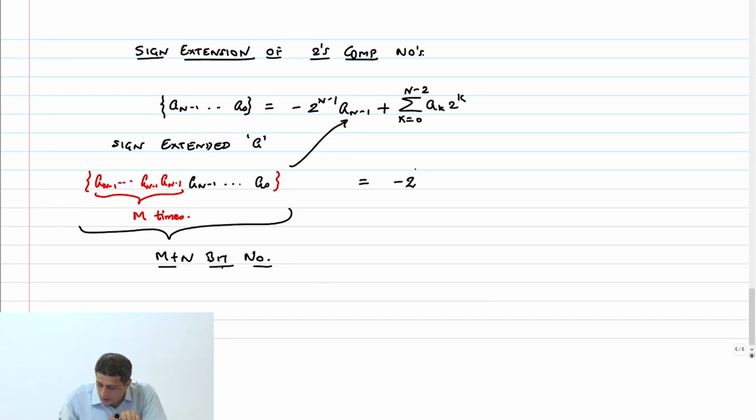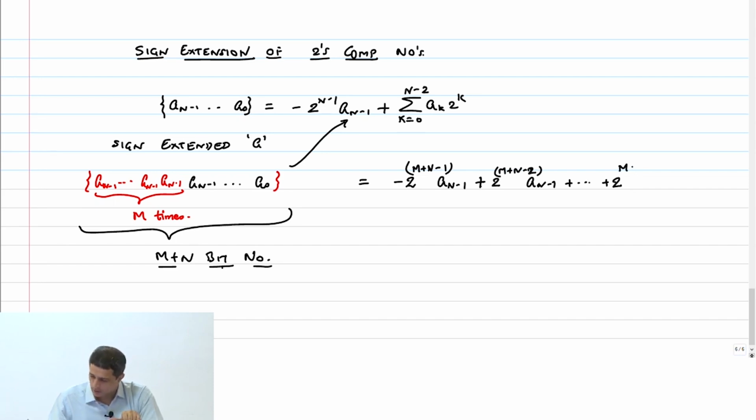Minus 2 power m plus n minus 1 into a n minus 1, plus 2 power m plus n minus 2 a n minus 1, same bit, all the way down to 2 power n a n minus 1. This is my sign extended value.